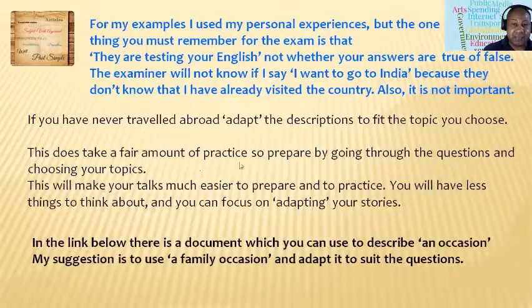Okay, it takes a fair amount of practice. So prepare by going through the questions, choosing your topics. This will make your talk much easier to prepare and to practice. And you will have less things to think about, and you can focus more on adapting your stories rather than trying to come up with an answer for every single question. Even I wouldn't do that. I would never dream of doing that because there are hundreds of questions.